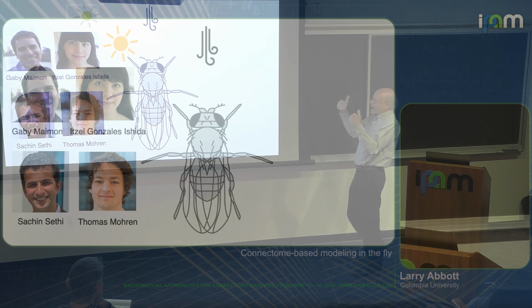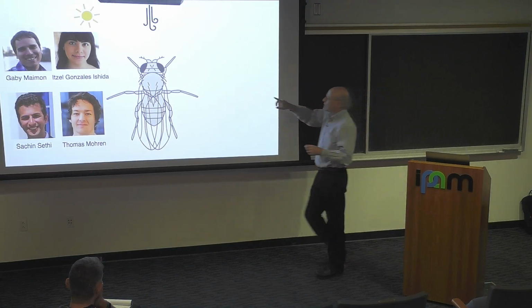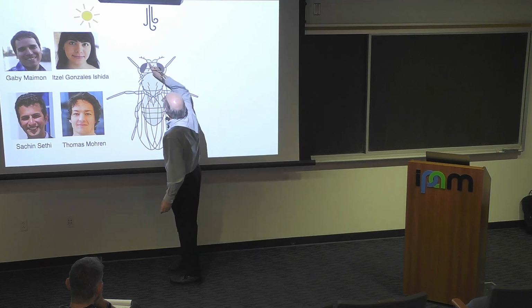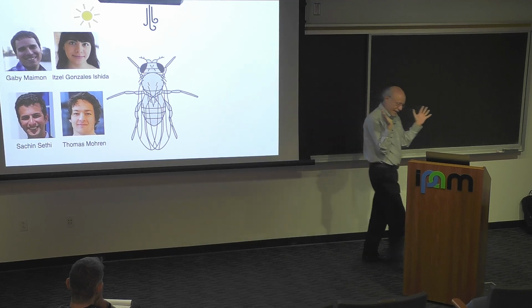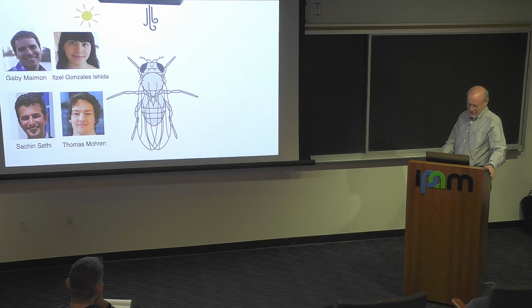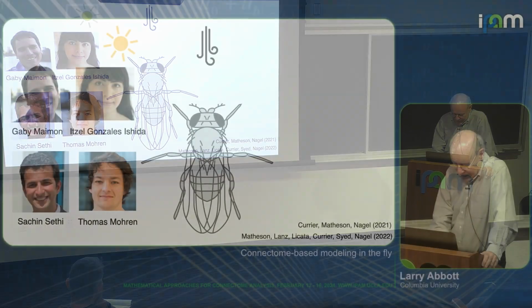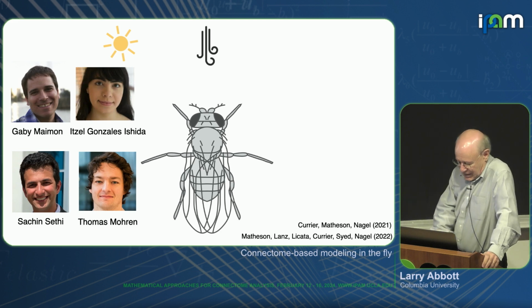In fact, the antennae project the wind onto 45-degree axes. So you can think of a 45-degree reference frame here, and the antennae are reporting projections of the wind velocity onto those two axes. There's been a lot of beautiful work, by the way, on this system by Kathy Nagel and members of her lab.